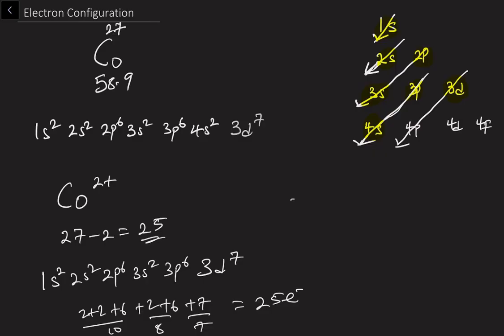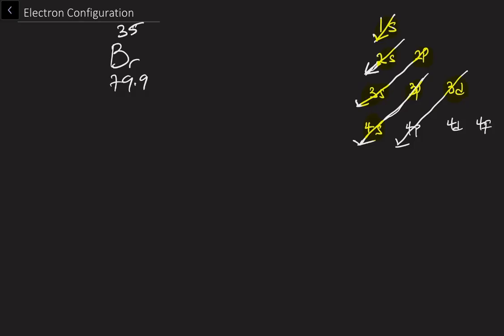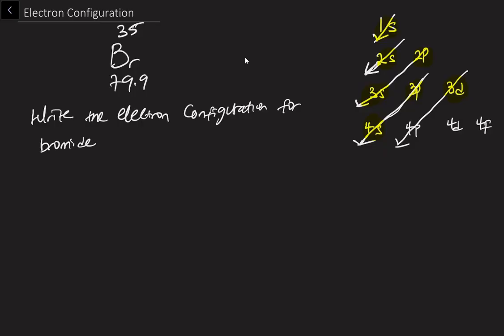Let's take one more example. For bromine, bromine has atomic number 35 and mass number 79.9. If you're asked to write the electron configuration for bromide, bromide is Br minus.